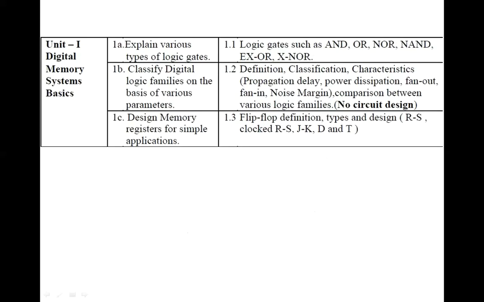Unit 1 is digital memory systems, which is intended to explain logic gates, classification of digital logic families based on various parameters like propagation delay, power dissipation, fan out, fan in, noise margin, etc., and finally the flip-flops.